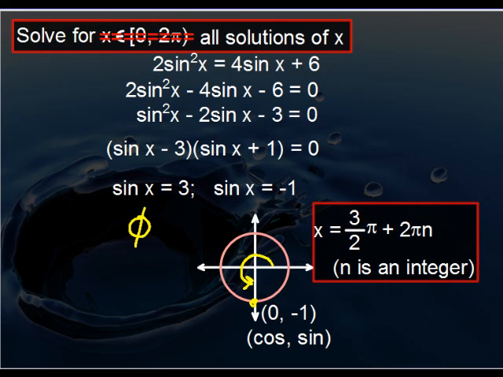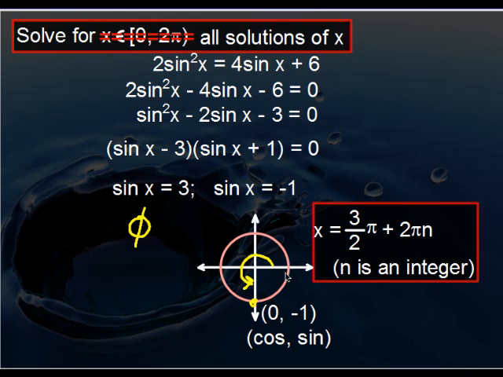To account for all those coterminal angles, we would tack this on, plus 2 pi n, and if you were in degrees, you would write 360 n, and we would state that n is an integer because we want this to be a whole number of times that we would go around in a circle. We would state that it is an integer because we could also go around in the negative direction.